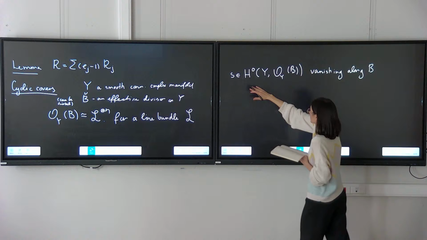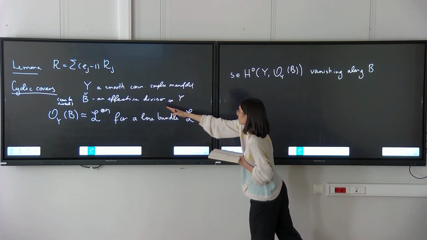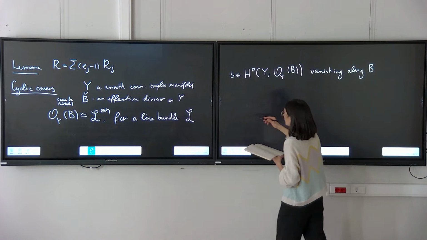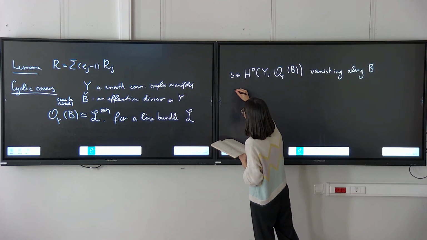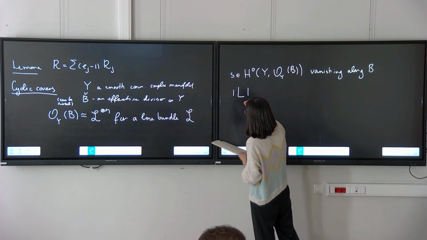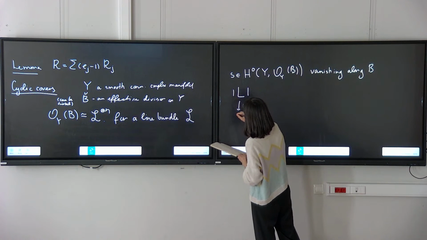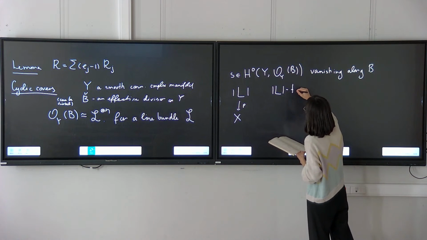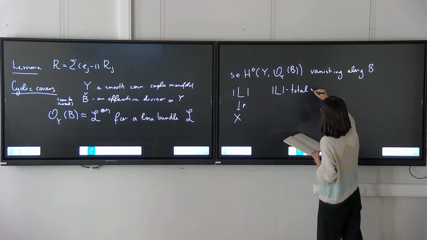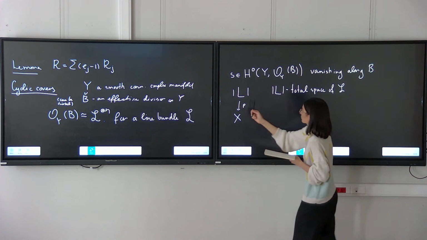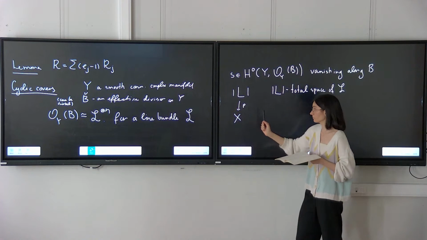And we have a section, just because this is an effective divisor and this is the corresponding line bundle, S. And now let me denote by L the total space of L. So this is the corresponding affine bundle, right?